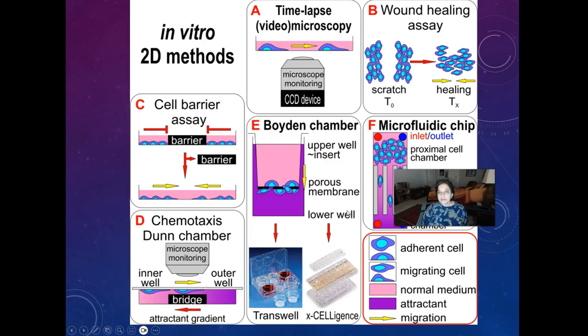So there are other, like I said, in vitro 2D methods that can also be used, not just looking at cell viability. Some of those just use time-lapse video microscopy, where you have your cells culturing in the incubator system with a microscope or another monitoring device embedded within it.